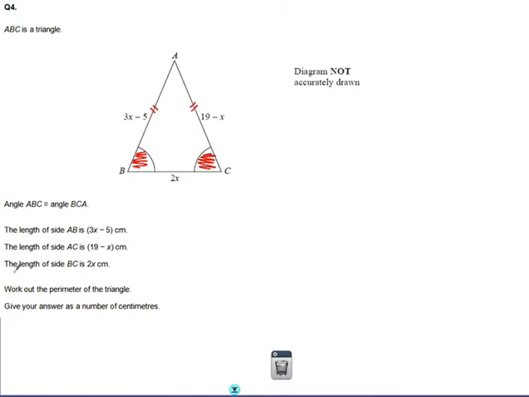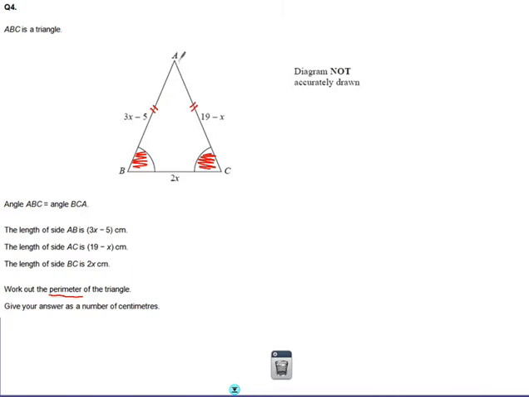That's what we know. This is just information about the length. So the length of side AB is 3x minus 5. The length of side AC is 19 minus x. The length of BC is 2x. Work out the perimeter of this triangle. Give your answer as a number of centimeters.